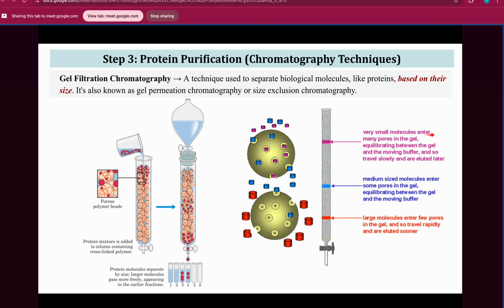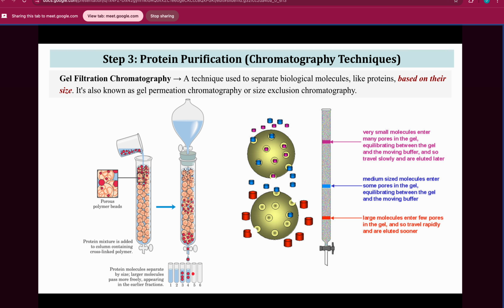Very small molecules enter many pores in the gel, equilibrating between the gel and the moving buffer, so they travel slowly and are eluted later. Medium-sized molecules enter some of the pores in the gel. Large molecules enter few or negligible pores, so they travel rapidly and are eluted sooner.